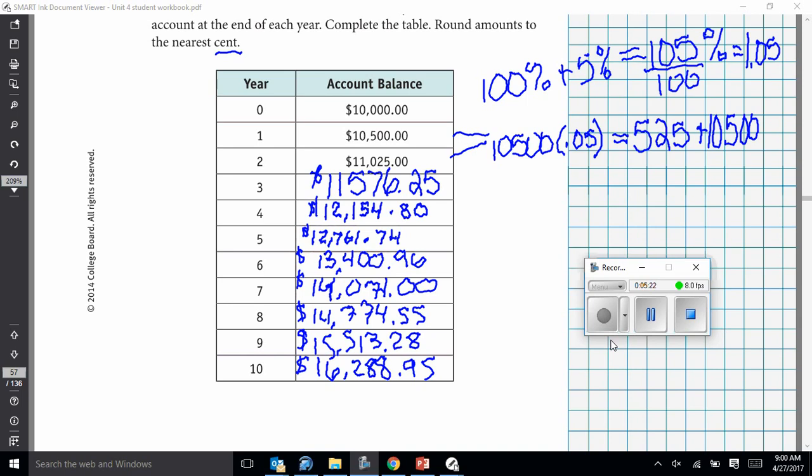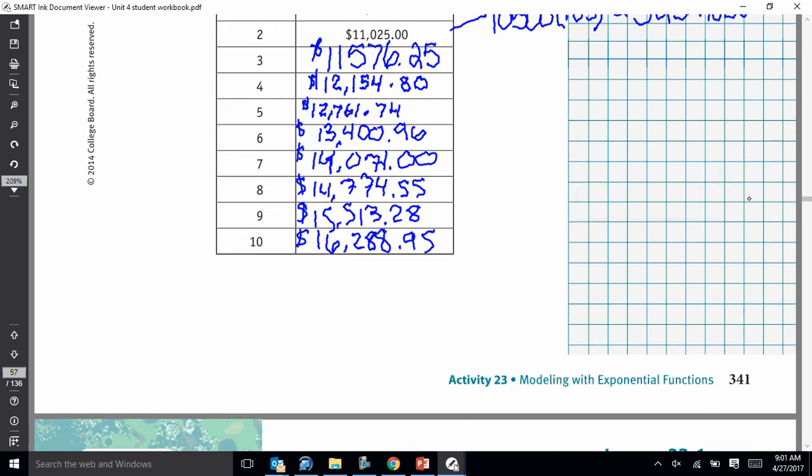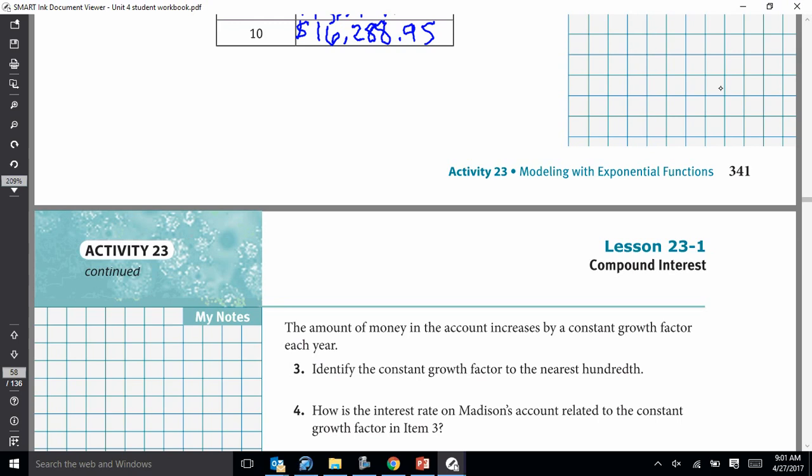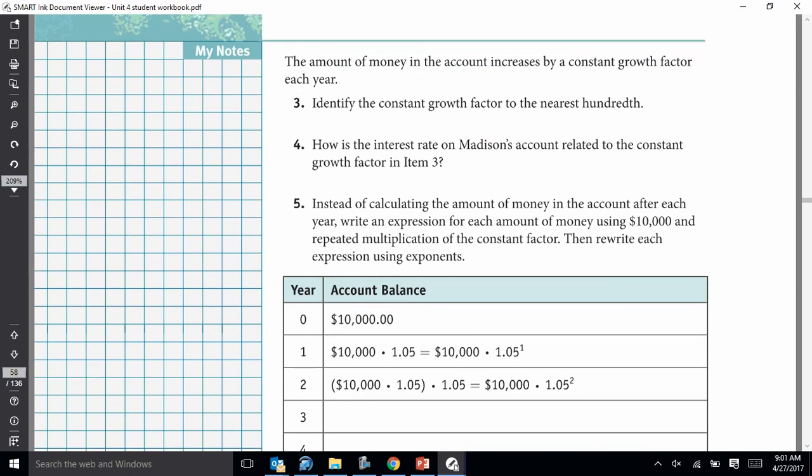So, questions on this? Investment wise, that was a pretty good investment, right? All right, so the amount of money in the account increases by a constant growth factor each year.